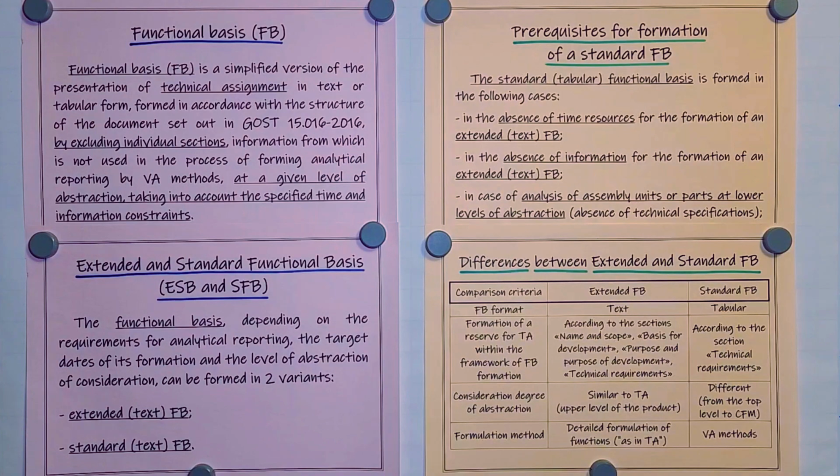In particular, the text functional basis will not include such sections of the technical assignment as maintenance and repair system, requirements for patent purity, requirements for unification and standardization, etc.